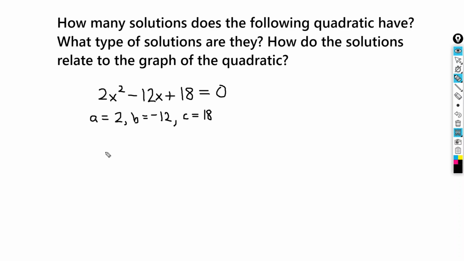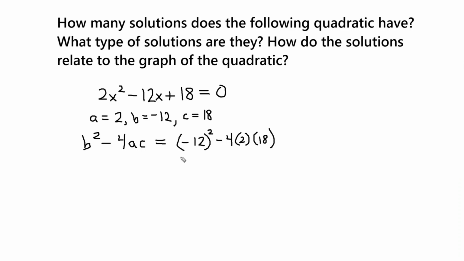And we want to figure out what the discriminant is, so what b squared minus 4ac is going to equal. And so we're going to take -12 and square it, and subtract 4 times 2 times 18.